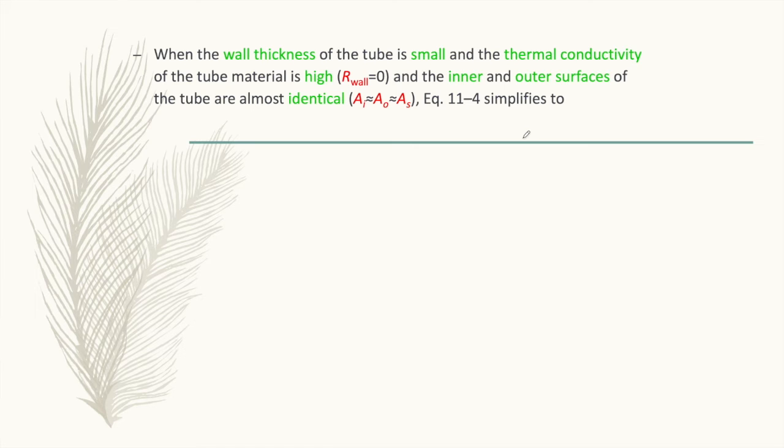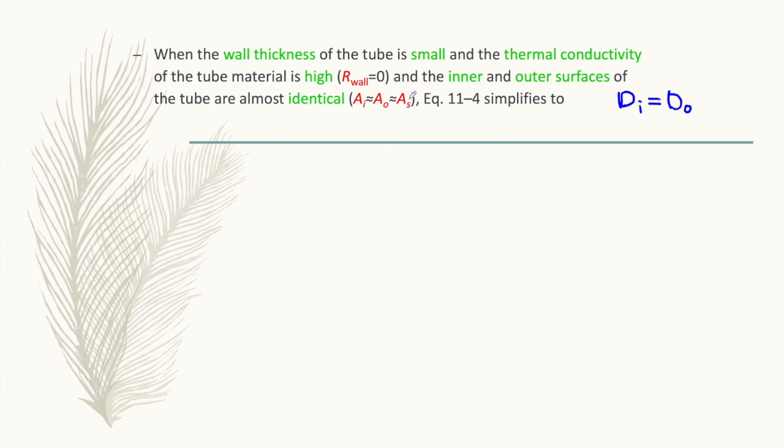Because the tubes are small and the wall thickness is thin, we assume that Di is equivalent to Do. From this assumption, we can say that the areas are almost identical, so Ai is equal to Ao is equal to As.